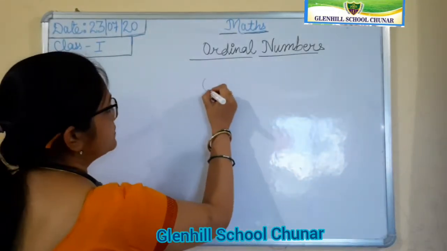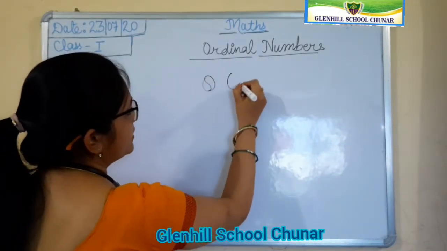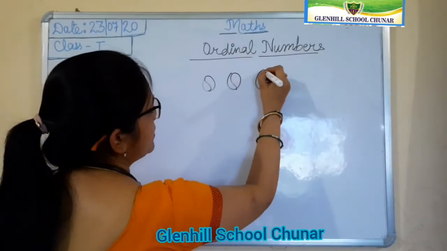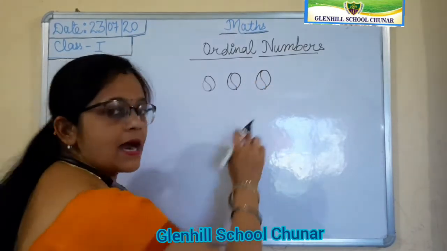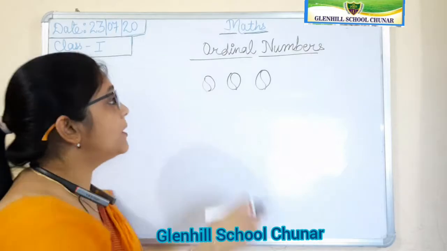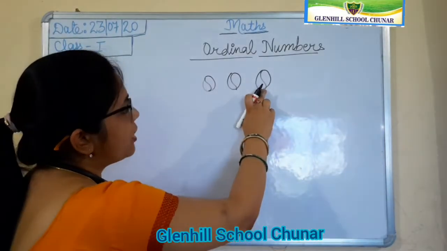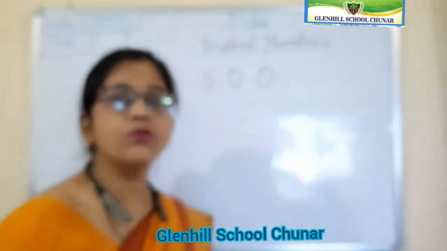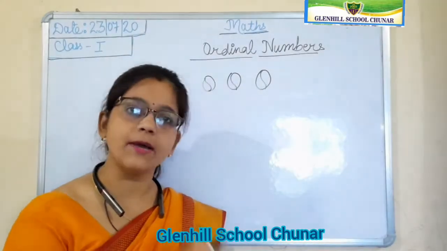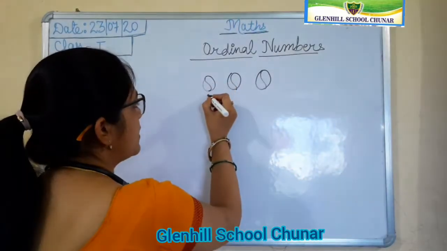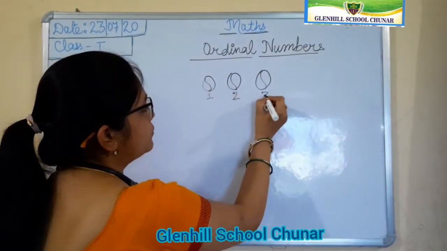Suppose one ball I have kept here, a second ball is here, and one more ball I have kept here. These are three objects, but you have to find out which ball is where, so you have to find out the position of the balls. This one is number 1, this one is number 2, this one is number 3.